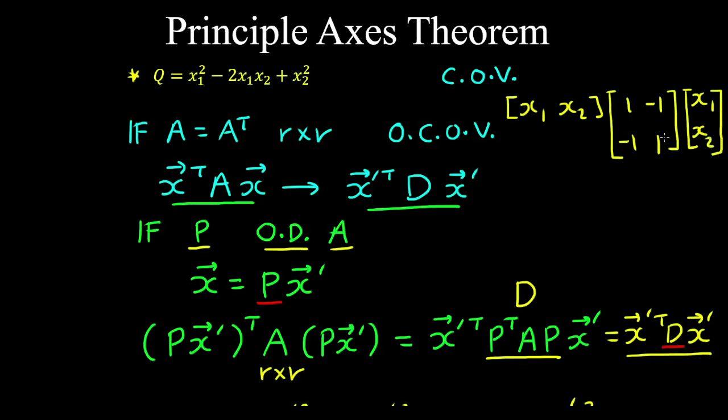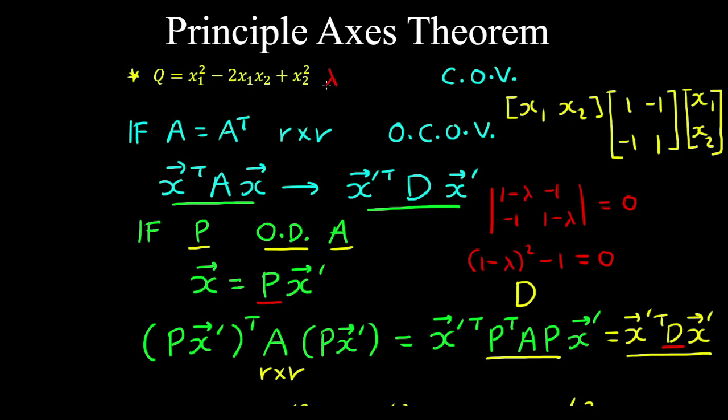So again, to find the eigenvalues, we take the determinant of A minus lambda I, which is equal to 0, being the characteristic equation. So we'd have (1 minus lambda) squared minus 1 is 0.